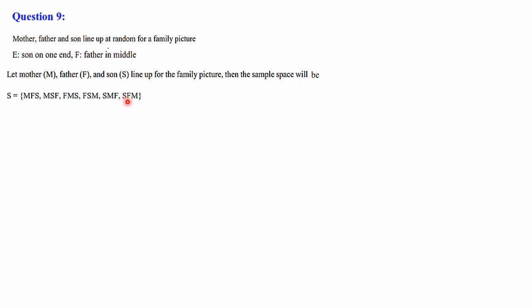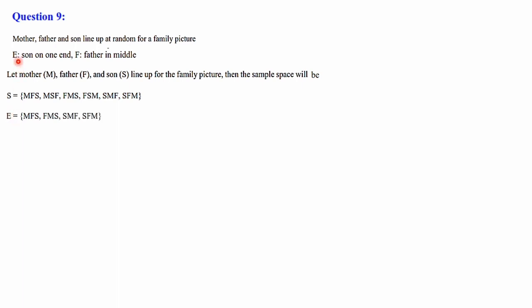Again SFM: son first, father middle, mother last. So you can write the sample space as you wish, it's not a problem. You have to use your own idea while making the sample space. There is no rule that the first one should be like this and the second one like this. You can arrange according to your convenience.